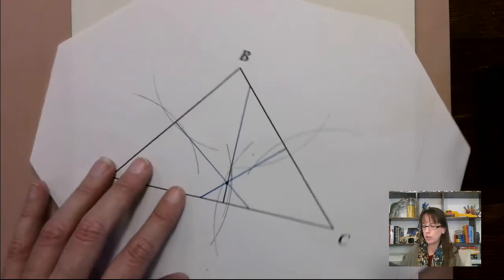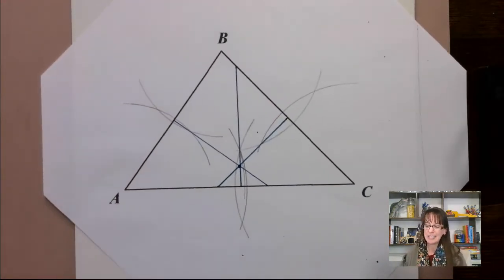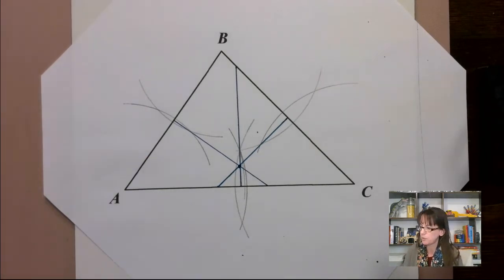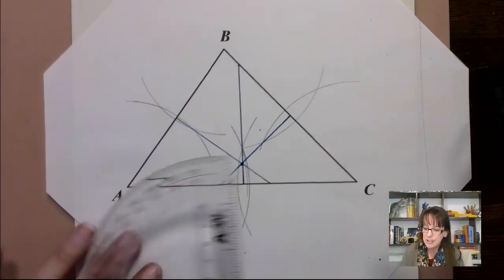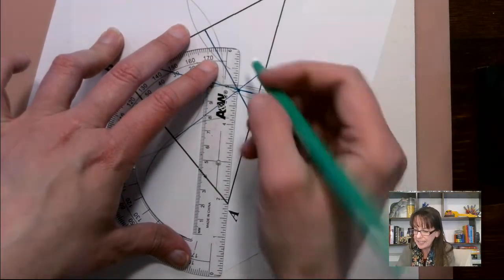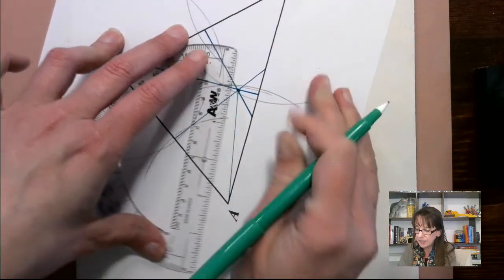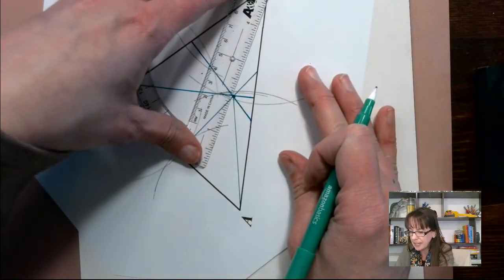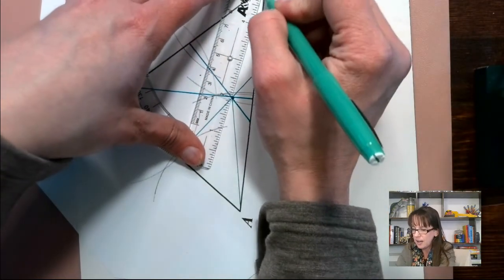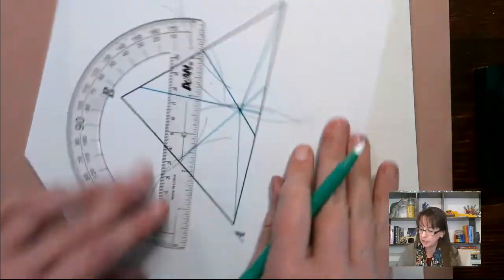Here, I'm going to go back to my triangle, and that says that they are equidistant from my vertices. So I'm going to take my green, and we're going to use my protractor. You can see the frantic look around as I'm trying to find it. So that means that if I go from this vertex to right here, and then from this vertex to right here, the vertex to the center, the circumcenter, got to be very clear about that.